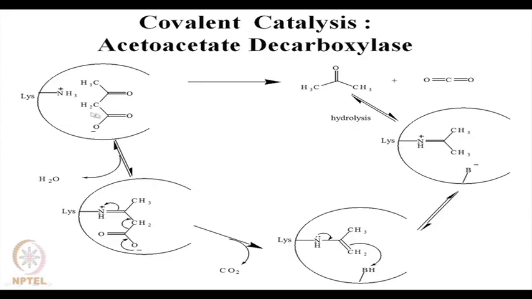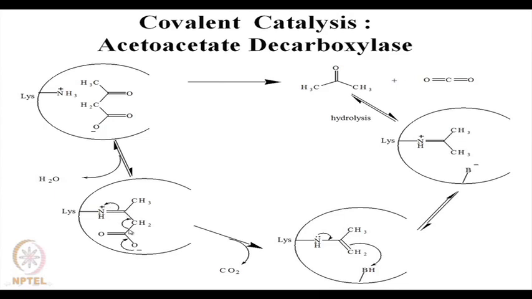You see the covalent bond formation, then withdrawal of electrons, and thereby this bond is cleaved. Initially there is covalent bond formation, then because of this N plus, the electron cloud is polarized this way, therefore there is an outward pull of electrons. So, this carbon is partly electron deficient.